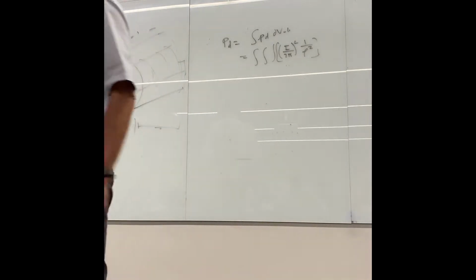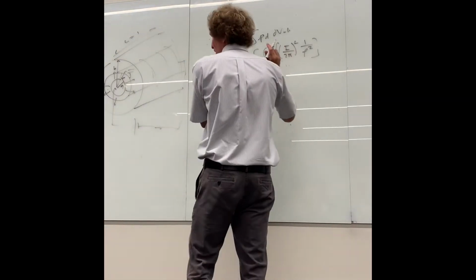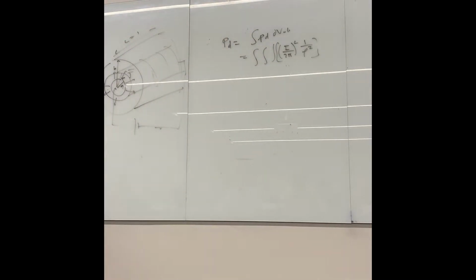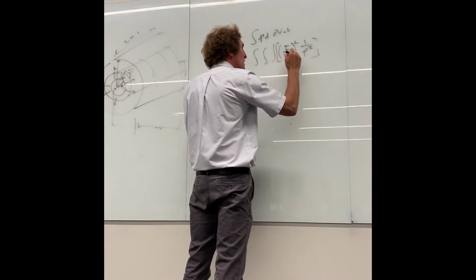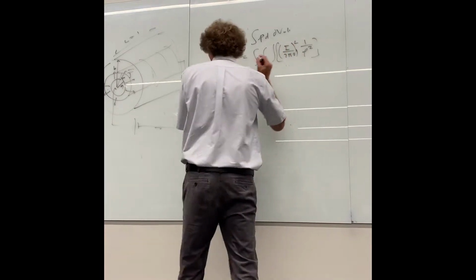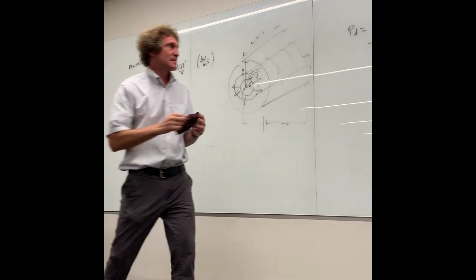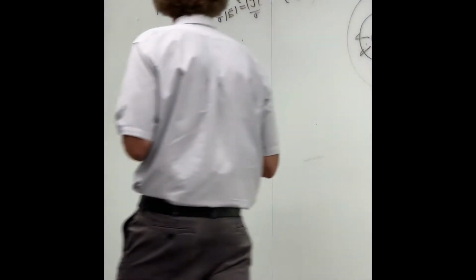Where did the sigma go in the power density? It should have gone there. It didn't, sorry. It should actually go right here. That's my bad. Here's what I should say.